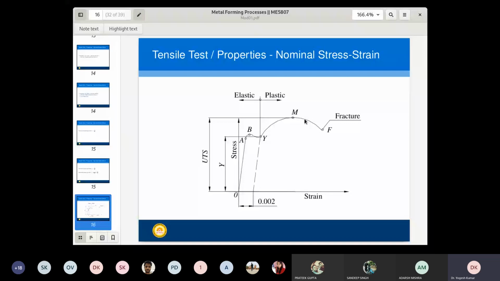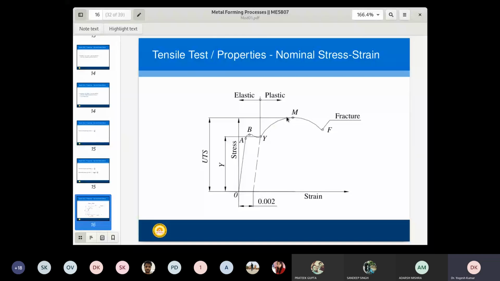It is important to understand that this U or M point is very important for us while we are dealing with metal forming processes, because beyond this point the material is getting failed.